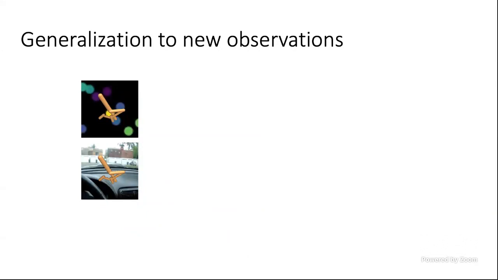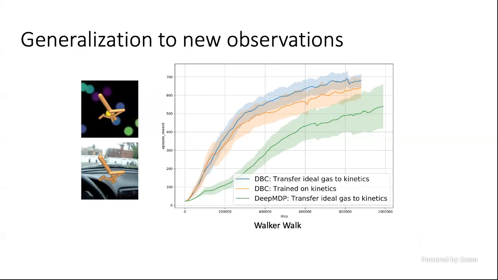First we look at generalization to new observations. In this experiment, we take our method and train first in the ideal gas environment. We freeze the representation and then train soft actor critic with that frozen representation using the natural video setting.